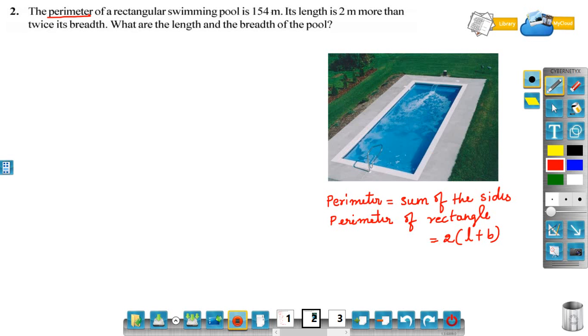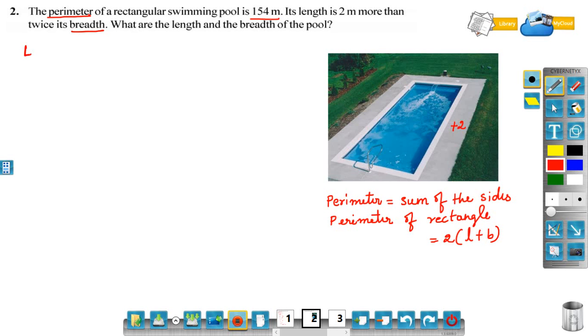Now it is given that the perimeter is 154 and, look at the swimming pool, this is the length. Its length is 2 meter more than twice its breadth. Twice its breadth means we don't know the breadth.